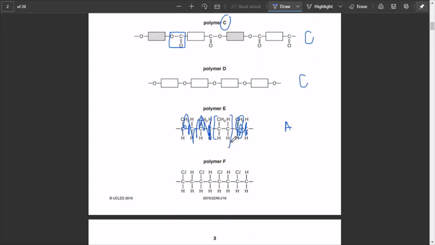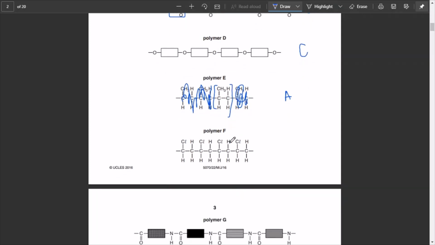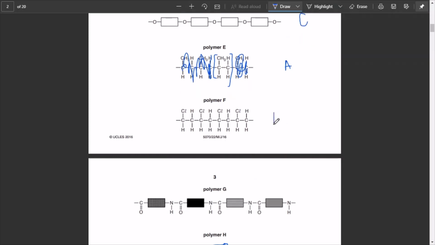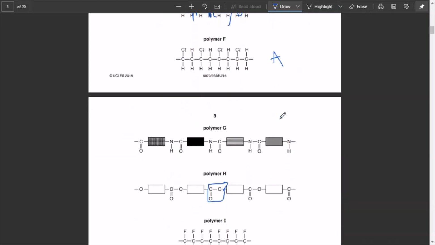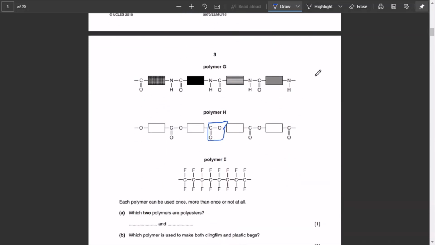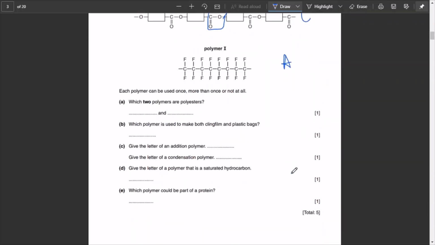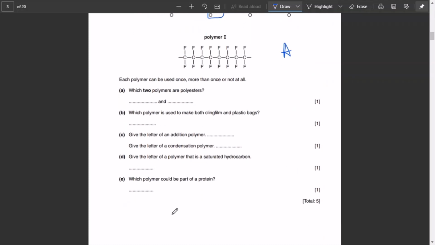Polymer F is again addition, and polymer G is condensation. And this is addition. So you can write any of the letters over here.